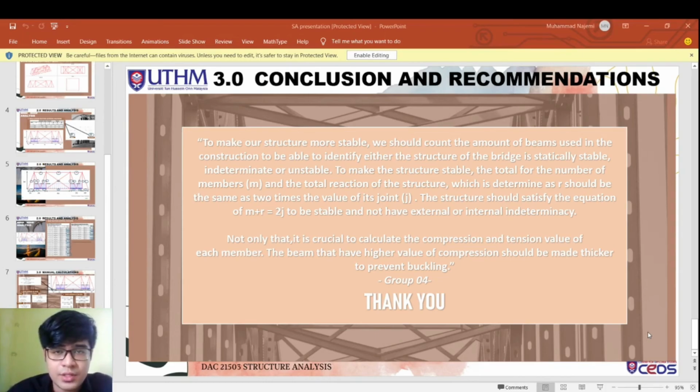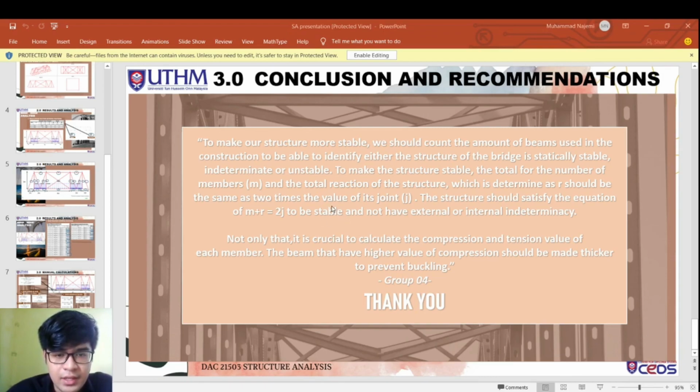To make the structure stable, the total number of members plus the total reactions, R, should be the same as 2 times the number of joints, J. The structure should satisfy the equation M plus R equals 2J to be stable and not have external or internal indeterminacy.